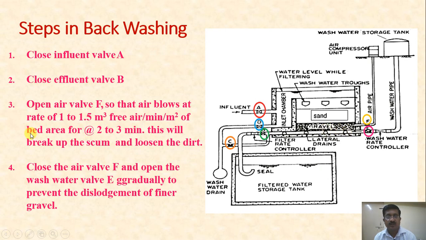Remember, close the air valve F and open the wash water valve E gradually to prevent the dislodgement of the finer gravel. Now close the air valve F. This valve F is closed and open the wash water valve E gradually. So what will happen? This will get washed.